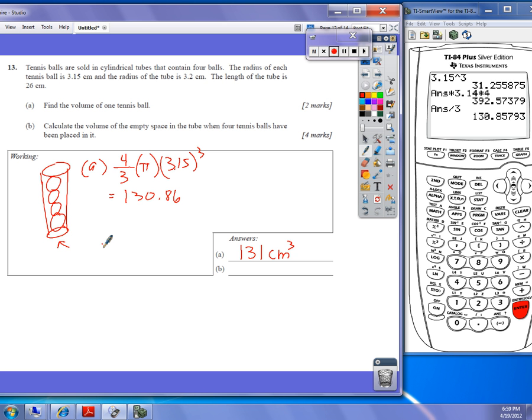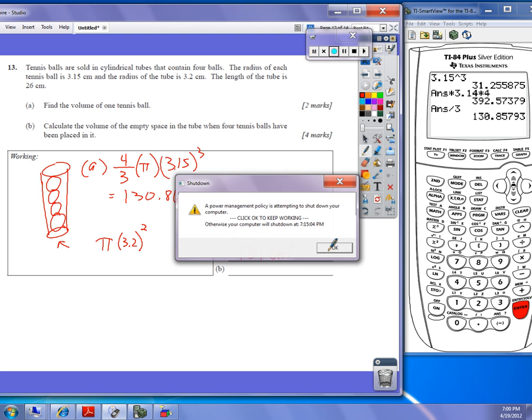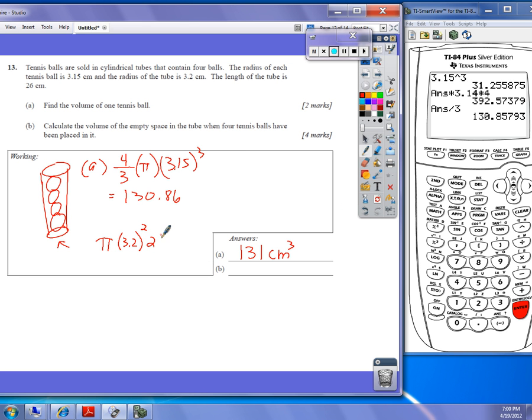The area of a circle is pi times the radius squared. So we've got pi, and the radius of that tube is 3.2. Pi times the radius squared times the height. So that's times 26. That's the volume of the tube.